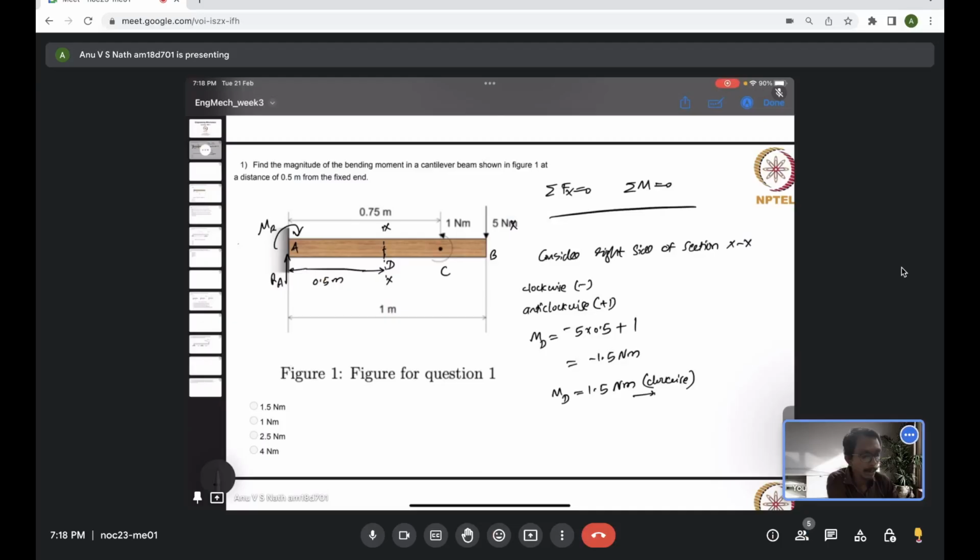Basically it's an internal location inside a beam, so the net moment, if you evaluate from the left side and right side, should be equal and opposite, so that the internal moment will be balanced at location D and it will be internally in equilibrium. But here it is just asked for the magnitude, so we only need 1.5 Newton meter. So option A is the answer.